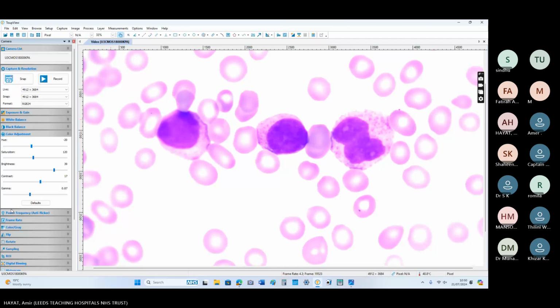Okay. All right. So you think this is APML, it is a high risk category, and the patient is not in DIC at the moment, and you have informed the patient that we are suspecting APML in your case and you need treatment. What is the treatment option for this patient?